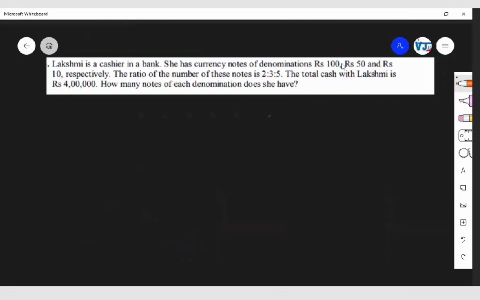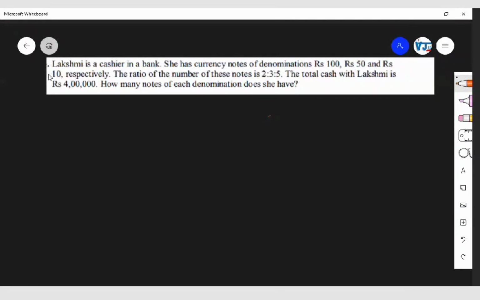Rupees 100 note, 50 rupees note and 10 rupees note. And here Lakshmi is a cashier in a bank. She has currency notes of denominations 100, 50 and 10.